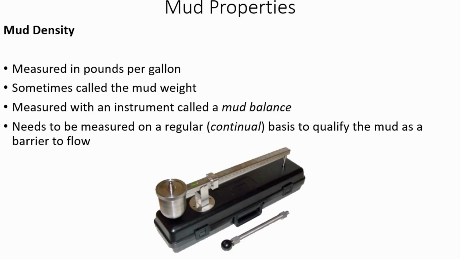Now, continually means that it's measured every so often. So it could be every 5 minutes, every 10 minutes, every hour. It doesn't matter what it is, as long as there's a regular schedule set up for measuring it. So it needs to be measured on a regular basis to qualify that mud as a barrier to flow.